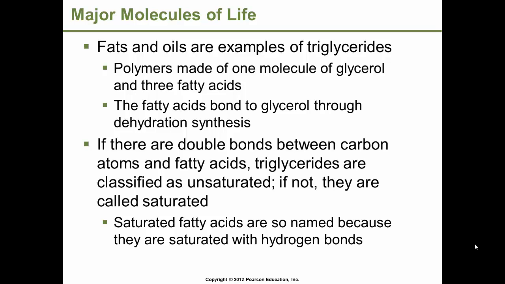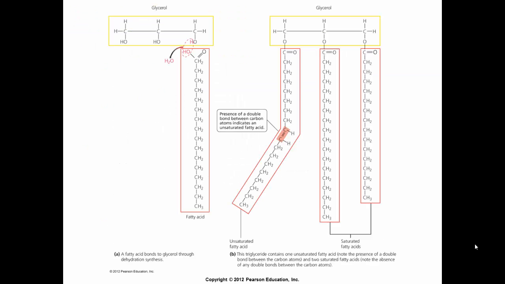So if there's double bonds, they're unsaturated. If they contain the maximum number of hydrogen atoms, they are called saturated fats. Saturated fatty acids are so named because they are saturated with hydrogen ions. Fats and oils store about twice the energy per gram as carbohydrates or proteins.